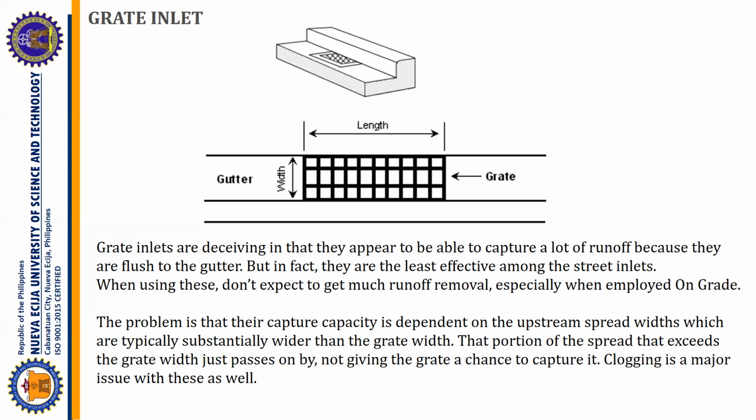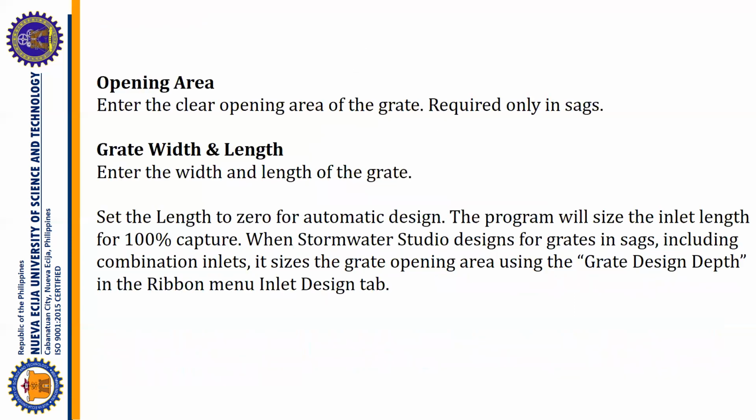So makita natin dito na meron siyang parang sala-sala or filter. Actually, hindi lahat na filter, pero yung pagpasok ng water is hindi ganun ka-effective kumpara dun sa curb inlet natin kanina. So opening area, enter the clear opening area of the grate, required only in sags.